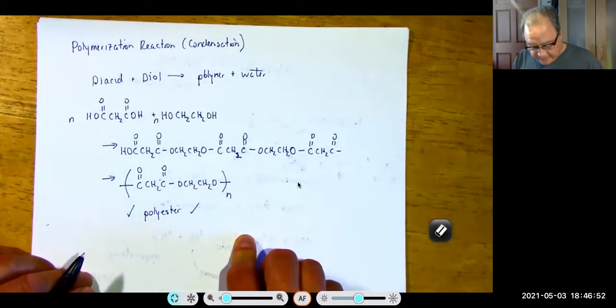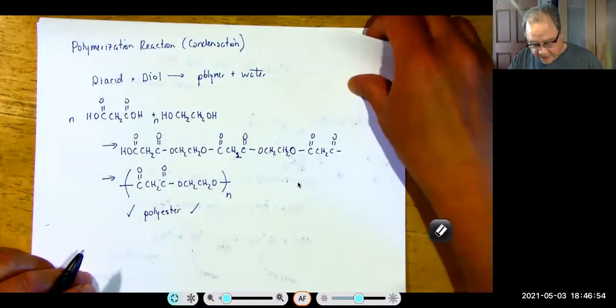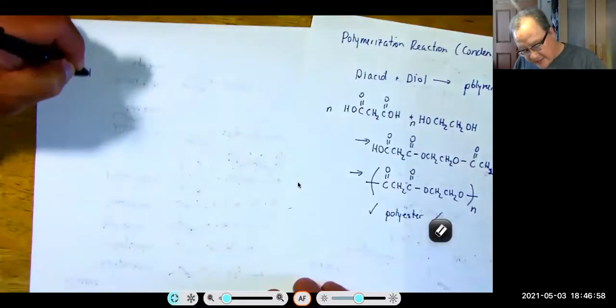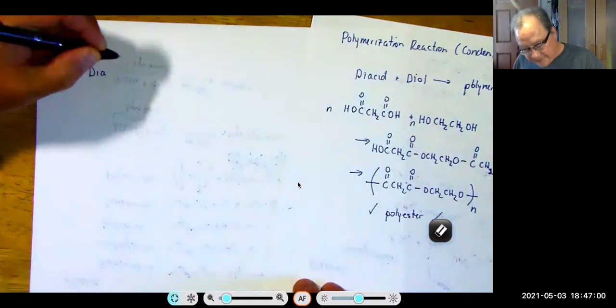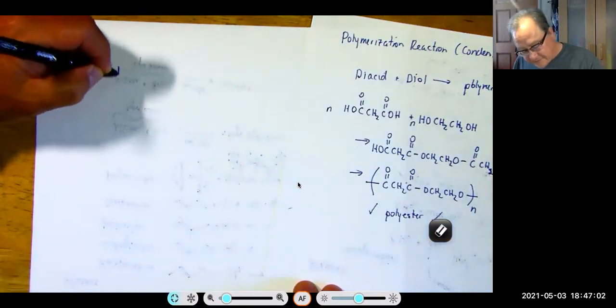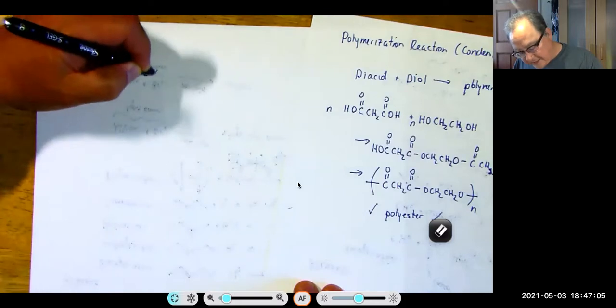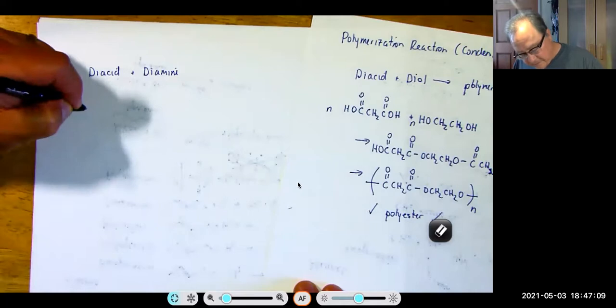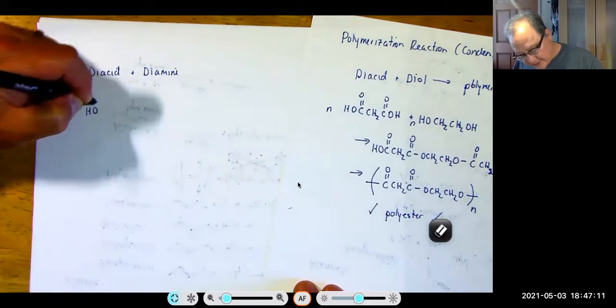Now, it turns out that you can also do this with a diacid and a diamine. So let me give you a different example here. So here's my diacid.